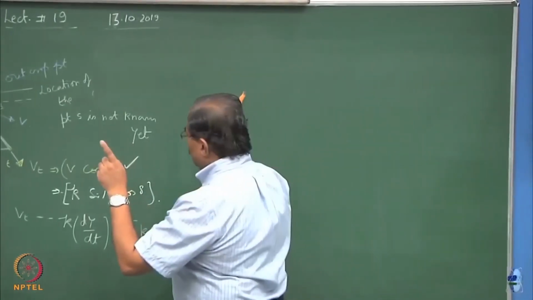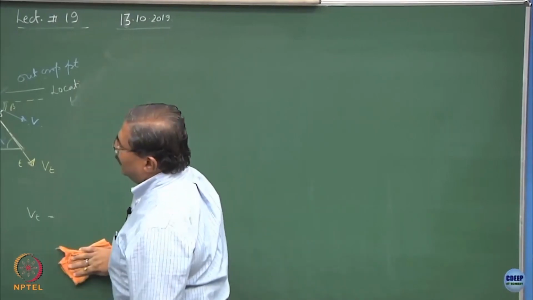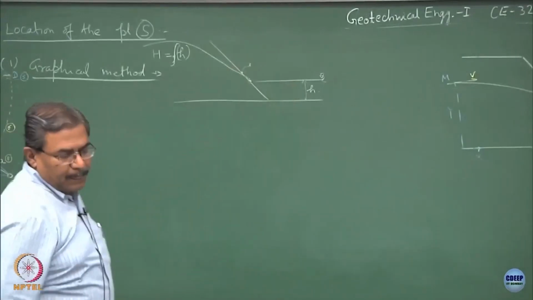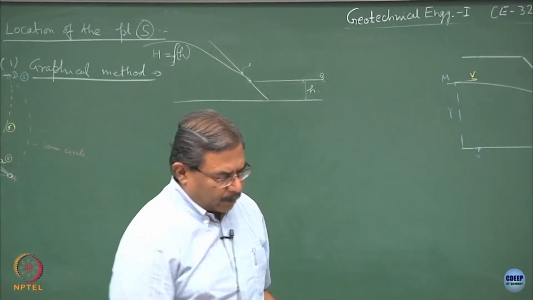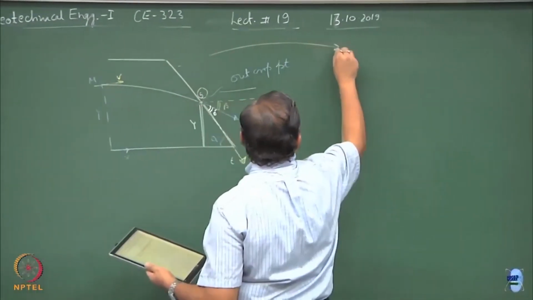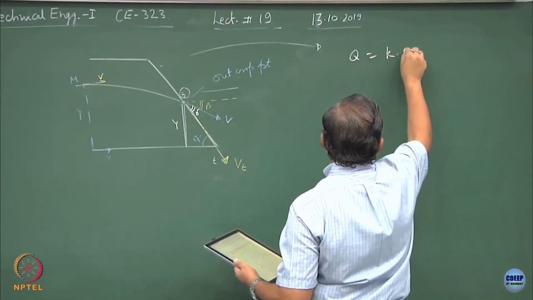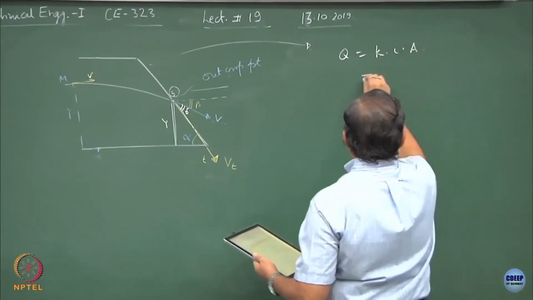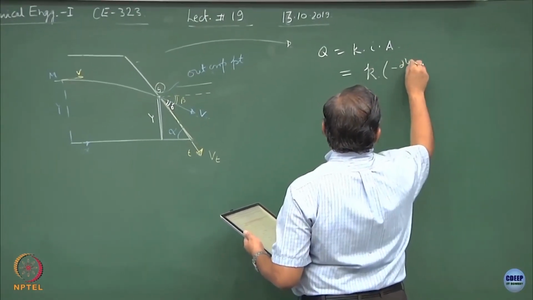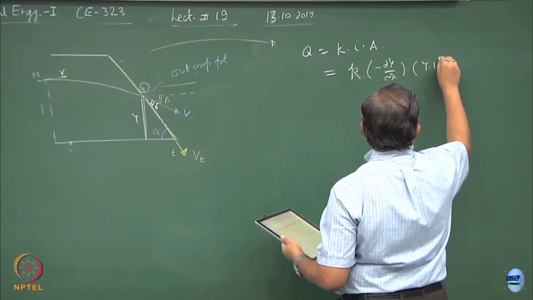Fine. So, let us do now the analytical solution to obtain the outcrop point. In this expression, in this figure, if I write that Q equal to K into i into A, and this will be equal to, let us say, K del y by del x into area y into 1.